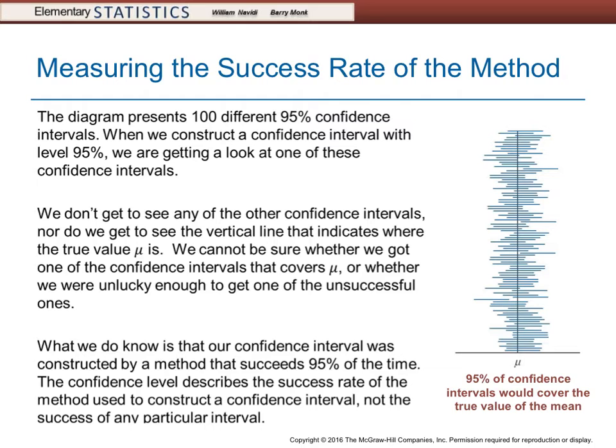We cannot be sure whether we got one of the confidence intervals that covers mu, or whether we were unlucky enough to get one of the unsuccessful ones. What we do know is that our confidence interval was constructed by a method that succeeds 95% of the time. The confidence level describes the success rate of the method used to construct the confidence interval, not the success of any particular interval.